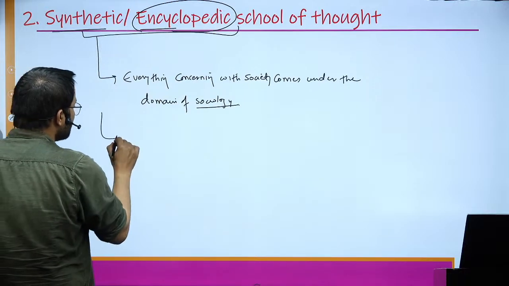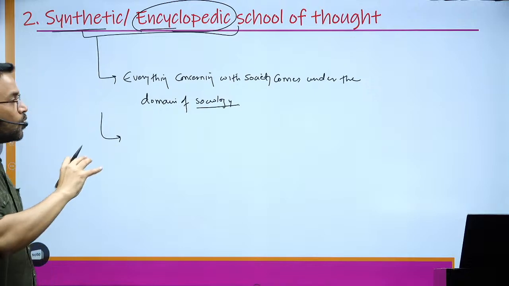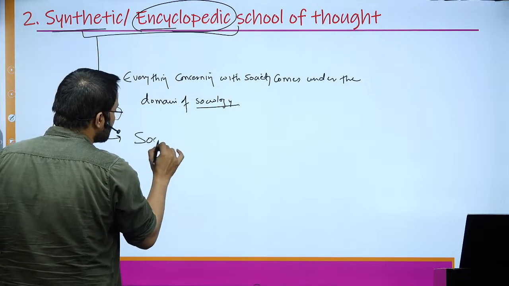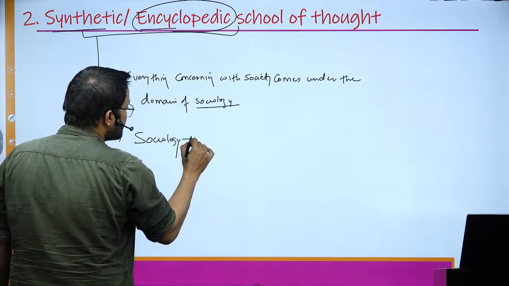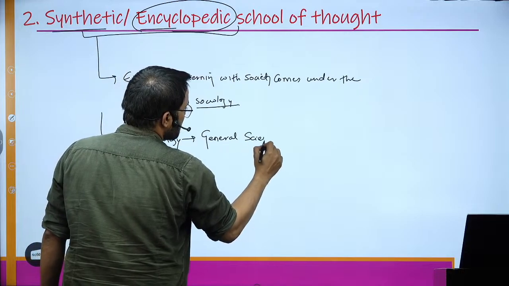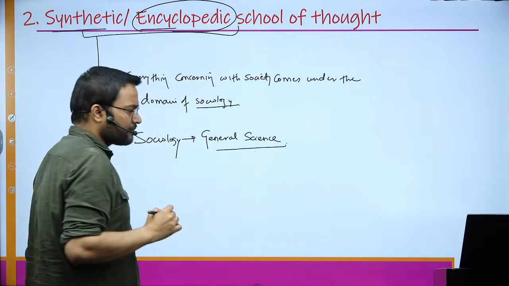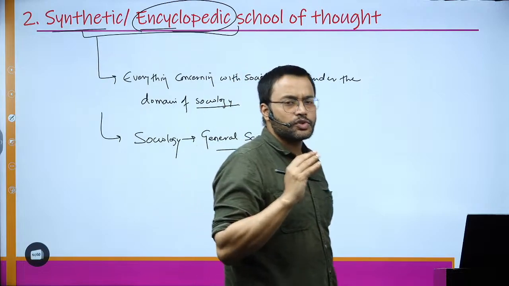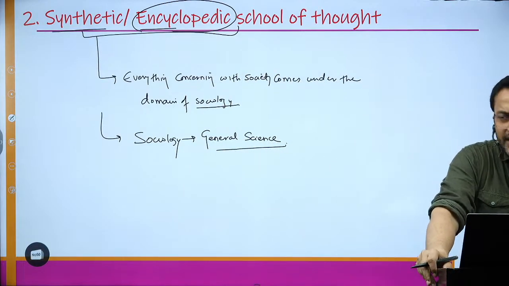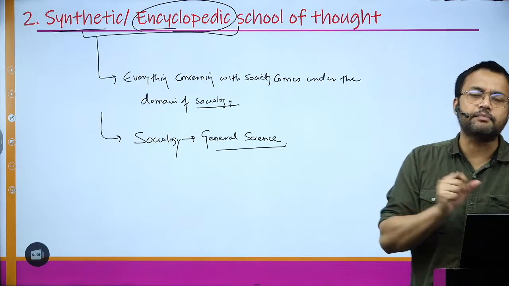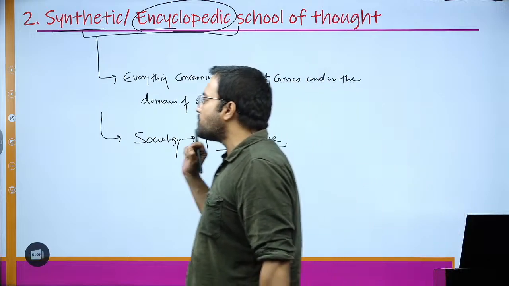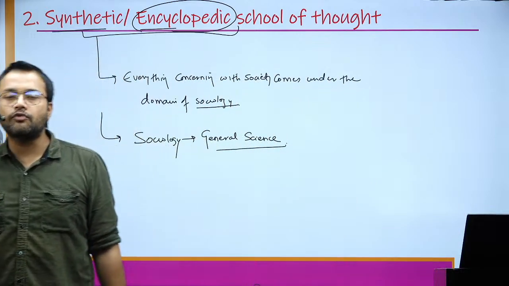All these scholars who belong to this school of thought wanted to develop sociology as a general science, a synthesis of all social sciences, and not as a pure academic discipline. That is why they said each and every aspect of society comes under the domain of sociology.